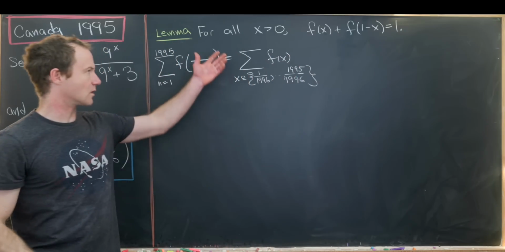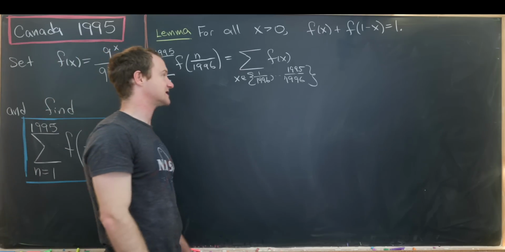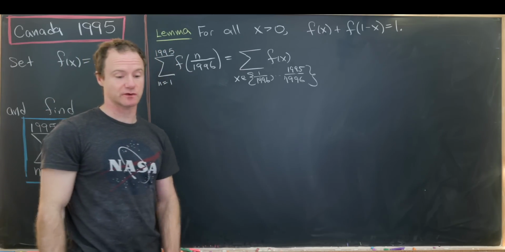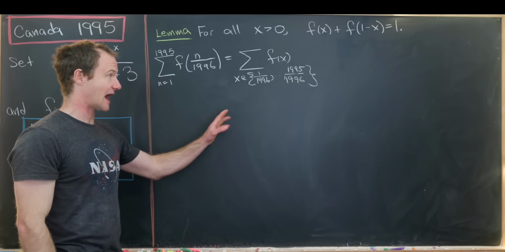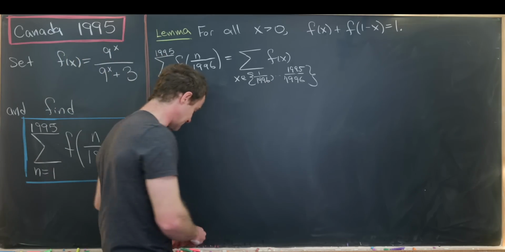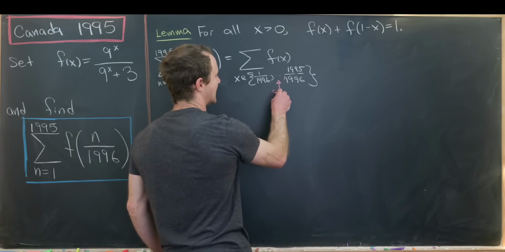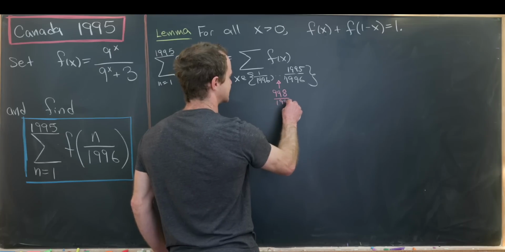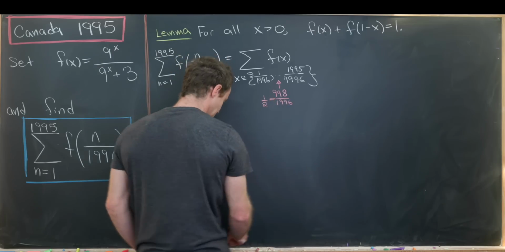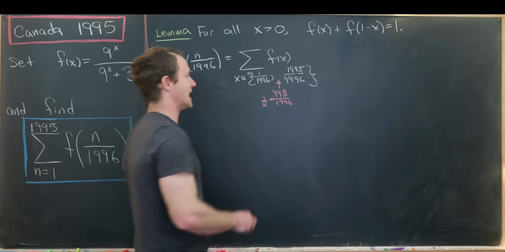Just to put it more in terms of what we have up there. And now I'll break this set into 3 disjoint parts. One part which is just equal to the number half. Notice the number half lives here, right in the middle, where we have 998 over 1996. That's equal to a half. And then everything below a half and everything above a half.